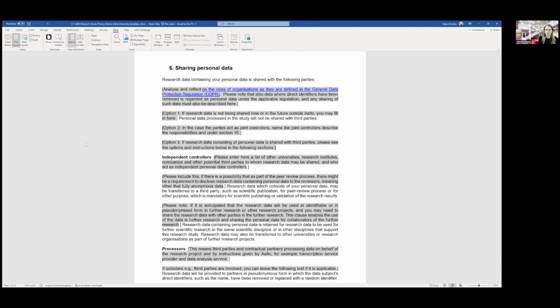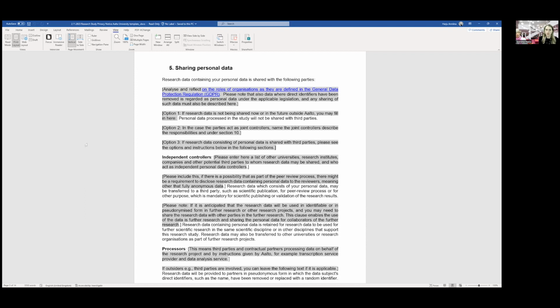You don't need to list persons employed by Aalto. For example, you don't need to list your supervisor or your legal counsel. We're only interested in parties outside Aalto University.